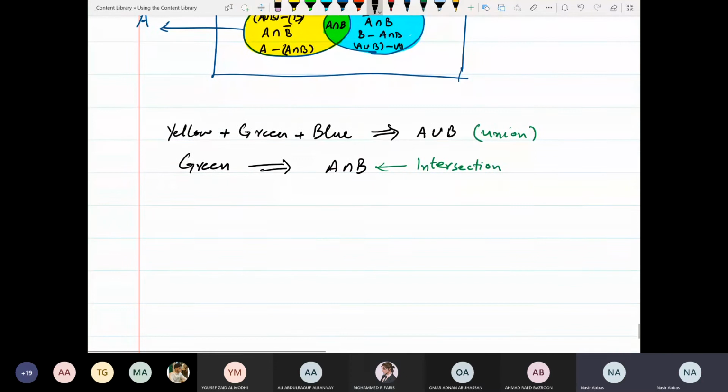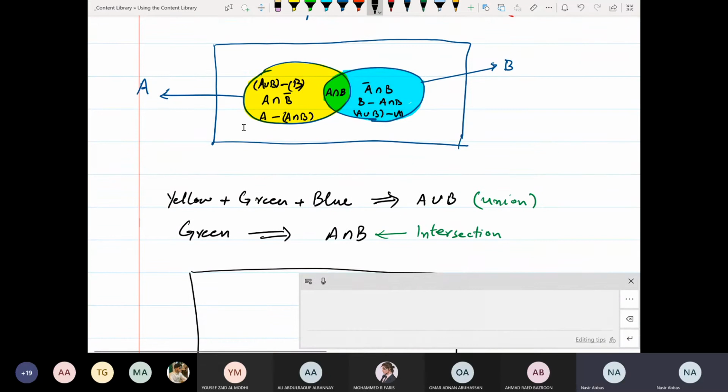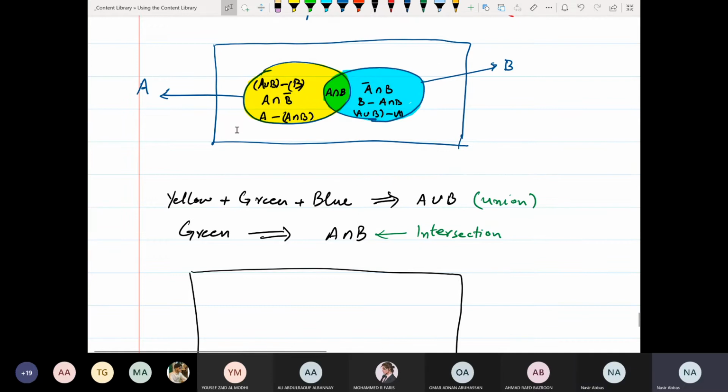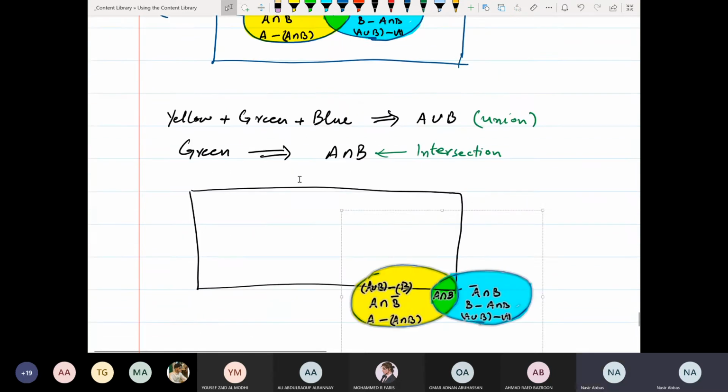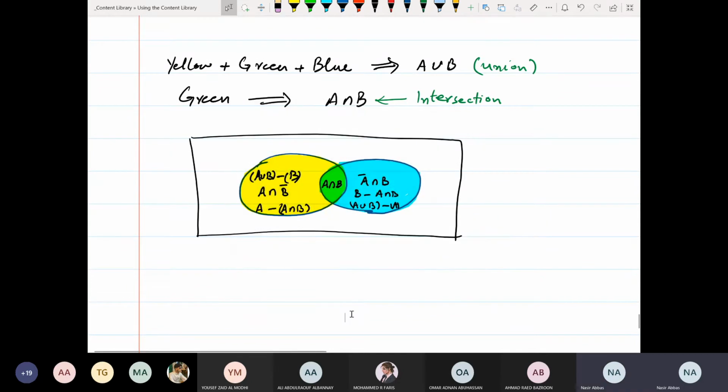Yes, A union B. Let me tell you what is A union B. If this is your sample space, then this whole thing is A union B.